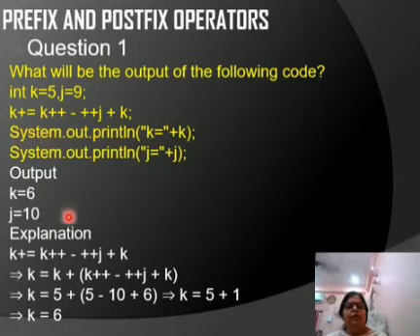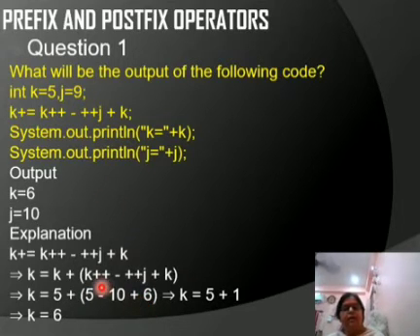Now we come to the explanation. The value of k is 5, so 5 plus 5 will be 10, and the remaining part is 6. The 10 will be your j, because it is postfix, the number will increase afterwards. Here k is 5, then 5 plus 5 is 10, and j, 9, will become 10 plus 6.